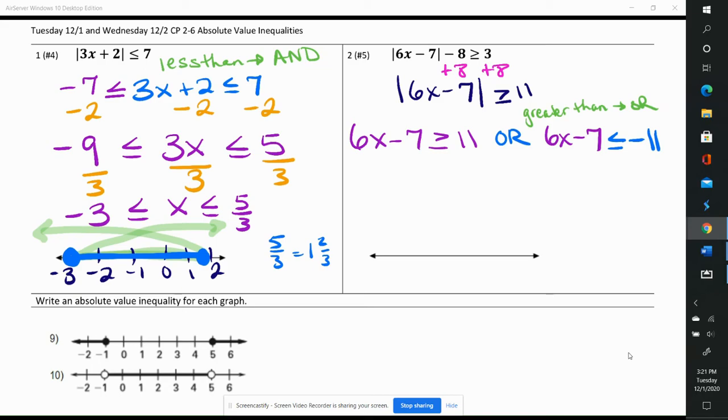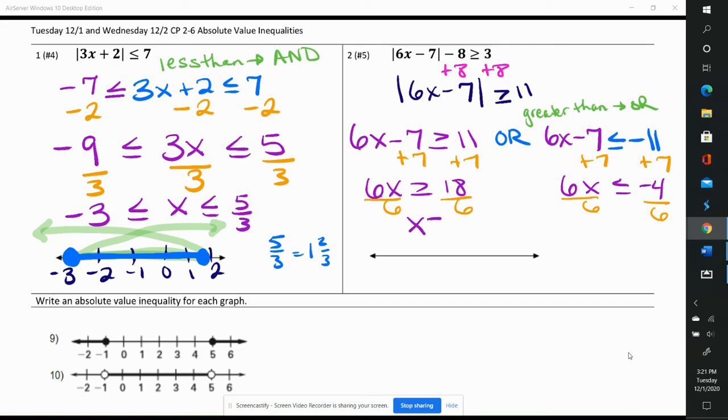Now the steps for solving are going to be the same, so we can do it all at once if you'd like. We're multiplying x by 6, so to solve, we'll divide both sides by 6.